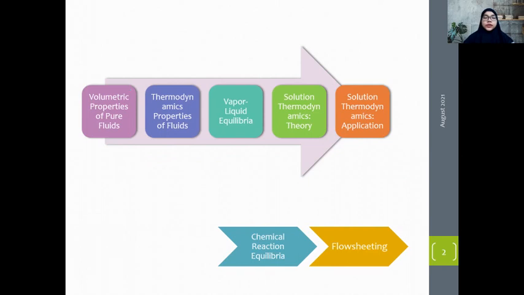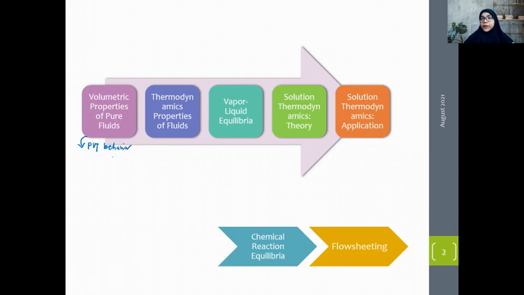Okay, let's recall the previous chapters that we learned in the first half of the semester. First we start with the volumetric properties of pure fluid. In evaluating the internal energy and enthalpy, we evaluate those properties using the volumetric properties, which is the PVT behavior.